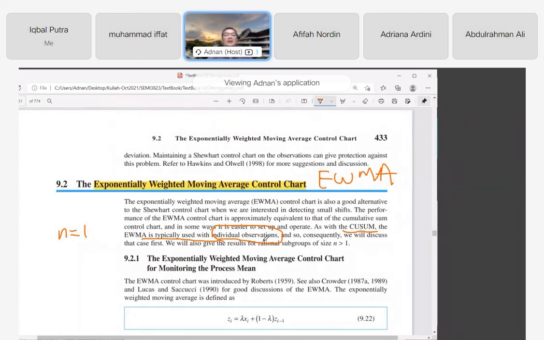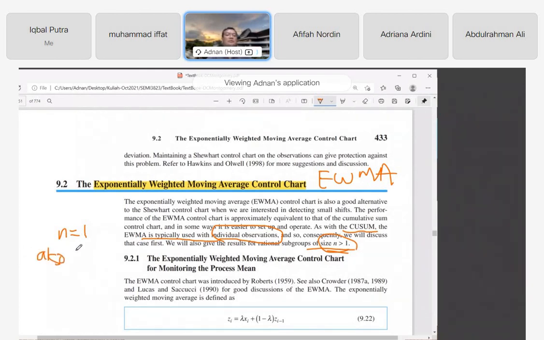The Shewhart control chart is very sensitive to the normality assumption. We will also give a result for the rational subgroup, meaning this can also be used when n is more than 1.